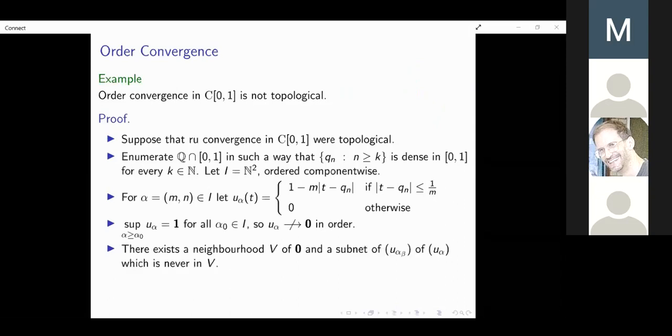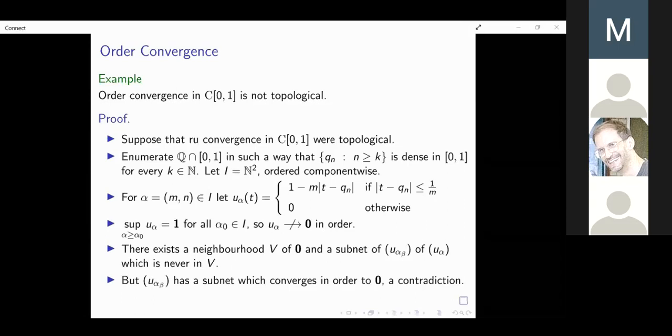Now, because we're assuming that order convergence is topological, there's a neighborhood V of the constant 0 function and a subnet, which I've written u_alpha_beta of u_alpha, which is never in V. But this subnet has a further subnet which converges in order to 0 and must therefore eventually enter the neighborhood V, and that gives us our contradiction.